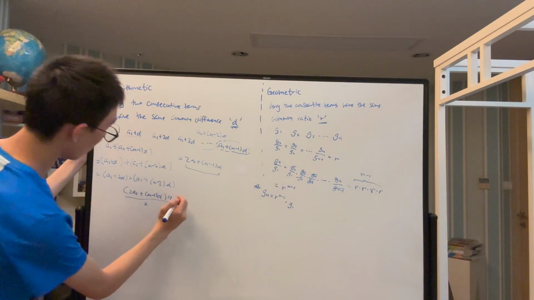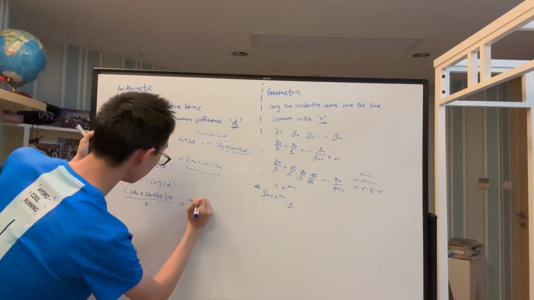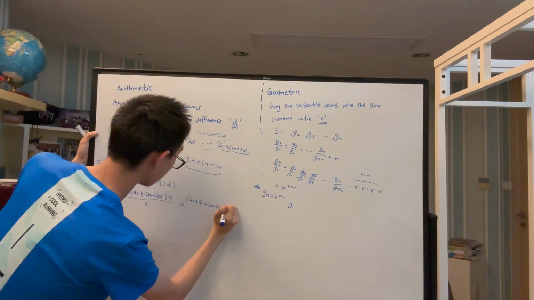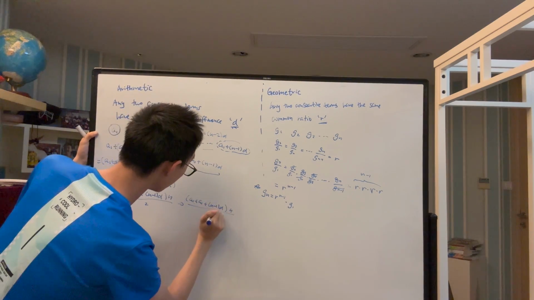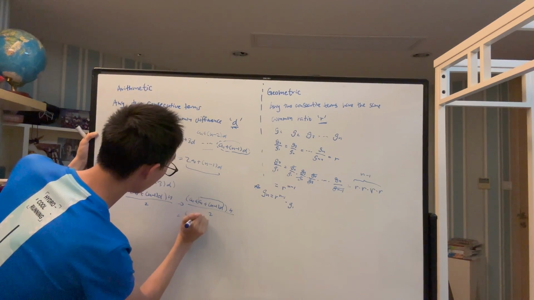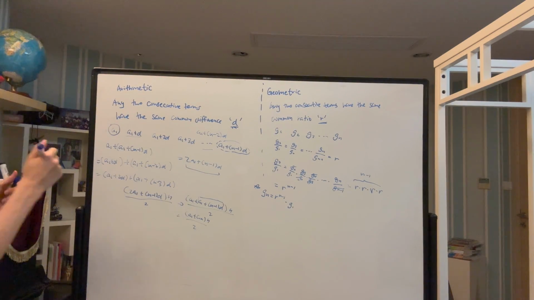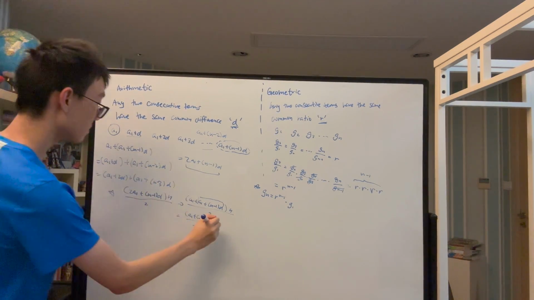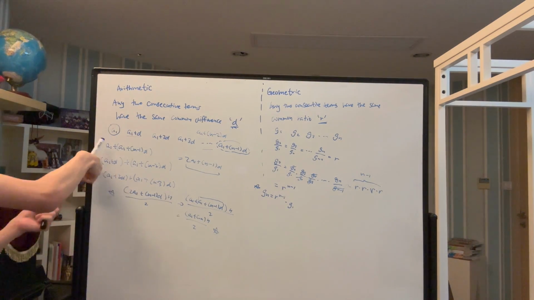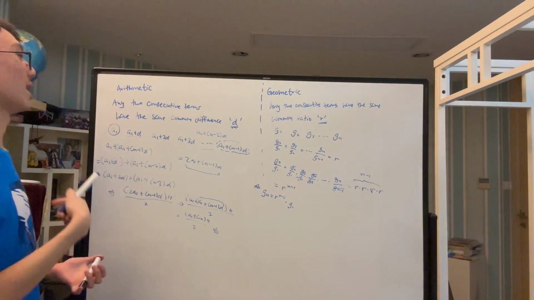But the other formula, if we simplify a little, we get A1 plus A1 plus n minus 1 D times n over 2, where if we add this part, we can simplify this to A1 plus An times n over 2. So these are your two formulas for the sum of an arithmetic series. You take the first term, the last term, add them together, multiply by the number of terms, and then divide by 2.